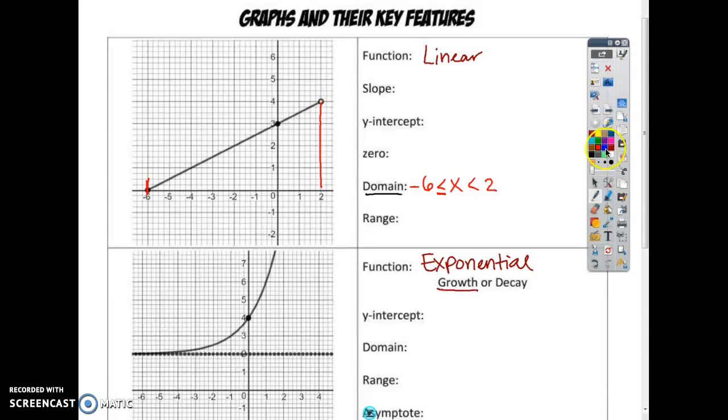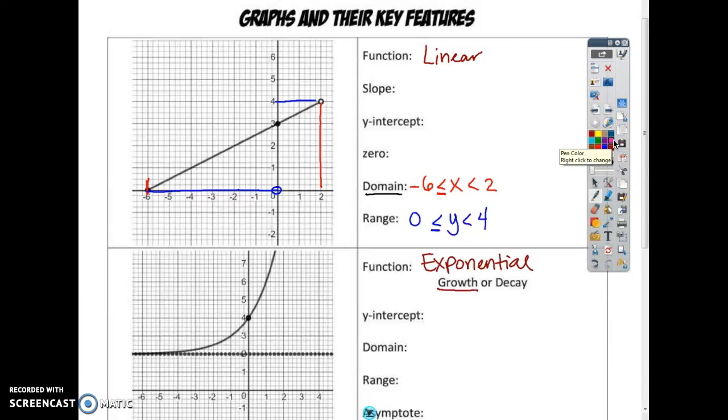Okay? What about the range? The bottommost point is 0. And we put a line underneath it because it's a closed circle. What is the topmost point? 4, and it's an open circle, so no line underneath. Okay? Where are my zeros?